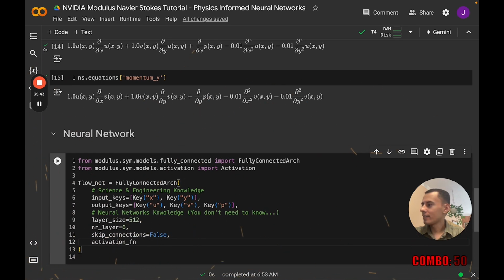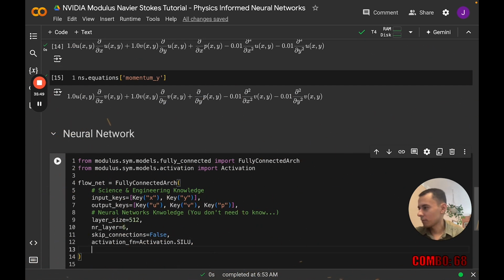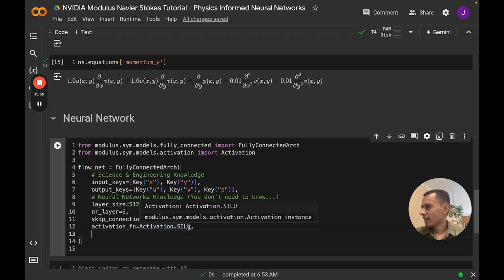I do understand what an activation function is. I have a visualization of a neural network on this channel that uses the ReLU function, the rectified linear unit function. In this case, it's the sigmoid, something like that function, I think. The SiLU function.